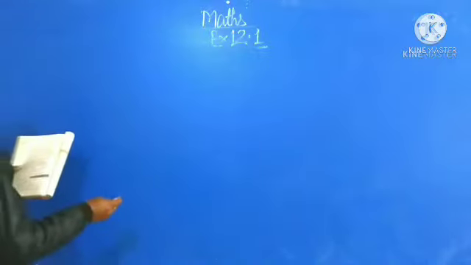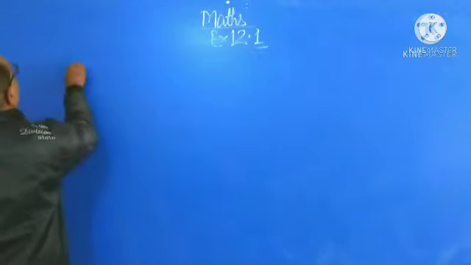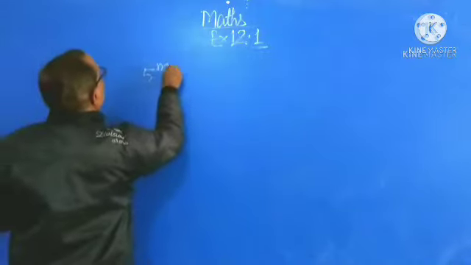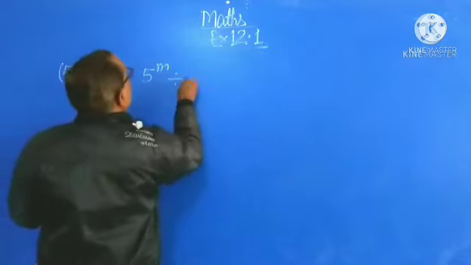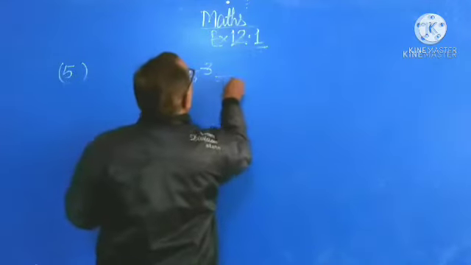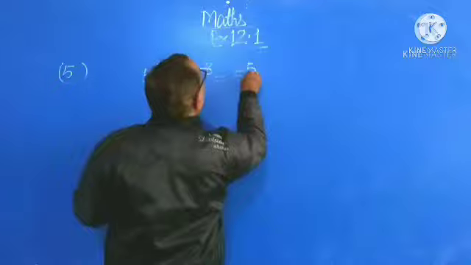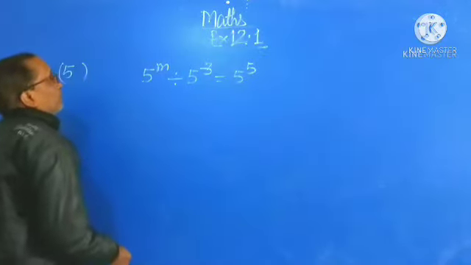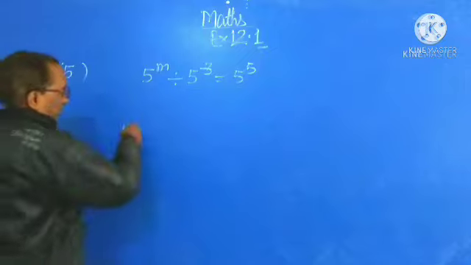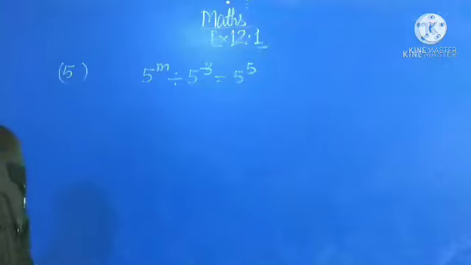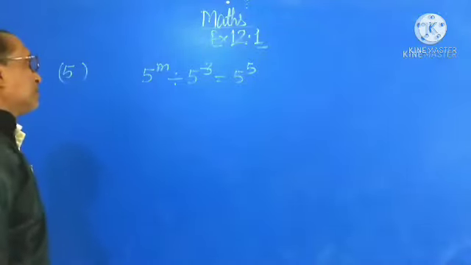Then you write down the next question. Question number 5. 5 to power m divided by 5 to power minus 3 is equal to 5 to power 5. You find the value of m. First of all, you use the law of exponent for division: a raised to power m divided by a raised to power n is equal to a raised to power m minus n.